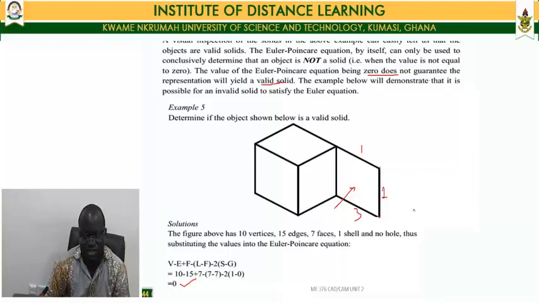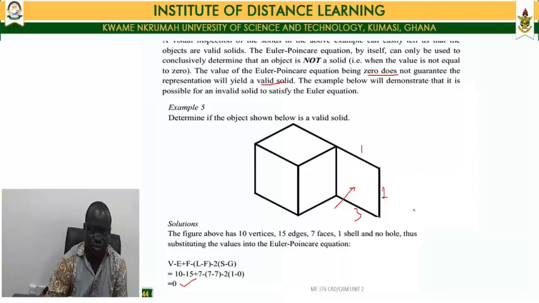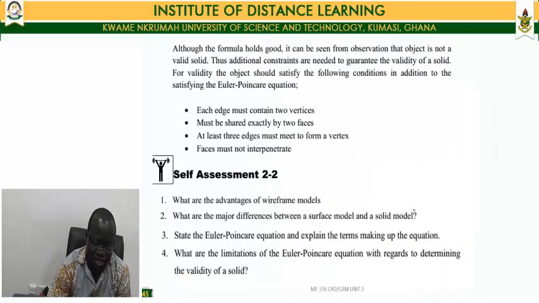Now, these are the additional conditions that you require to show whether or not this representation is valid. One is that each edge must contain 2 vertices. Now, these edges must be shared by 2 faces.